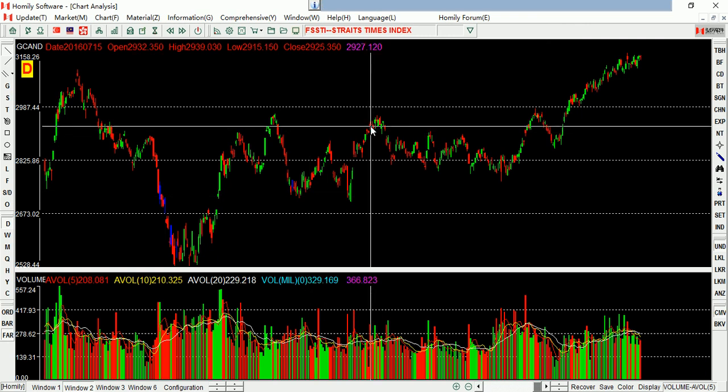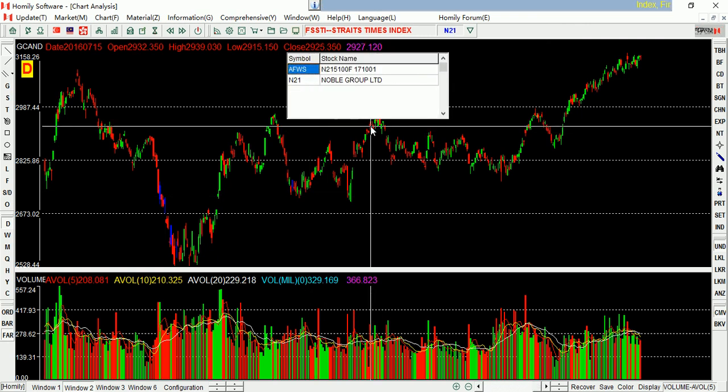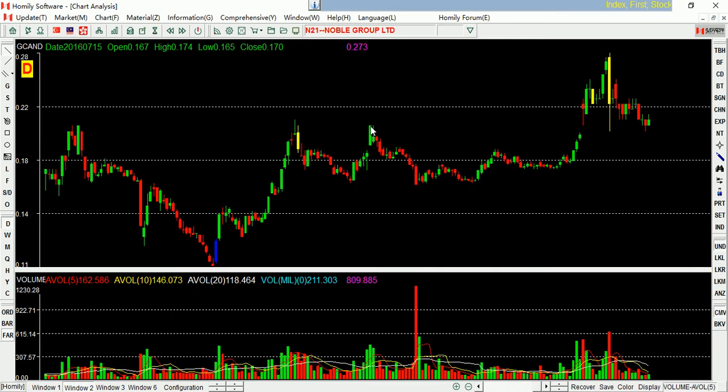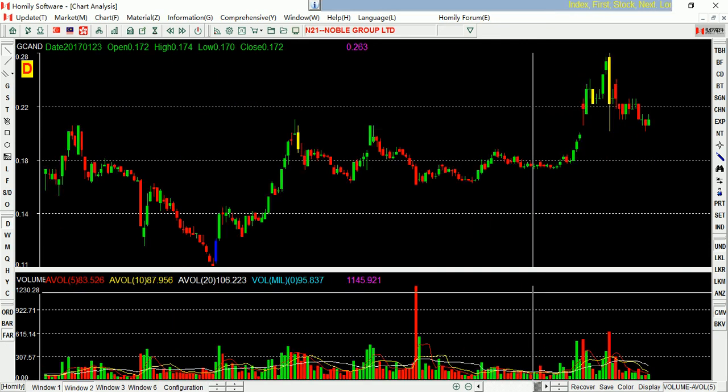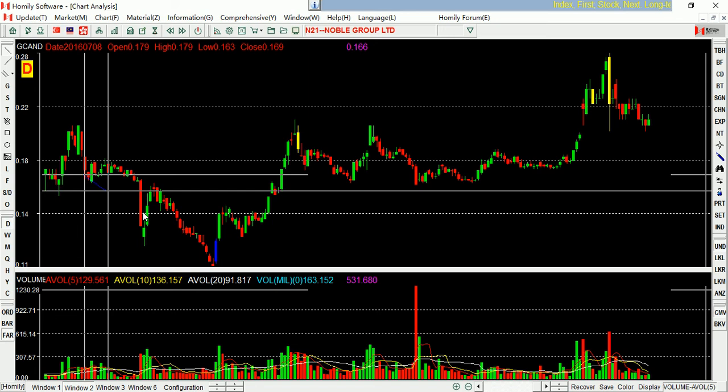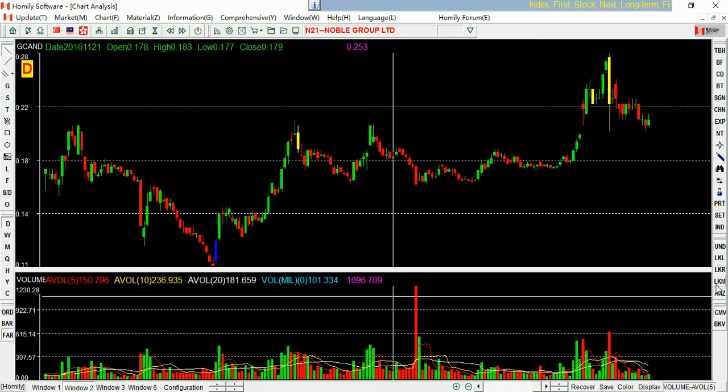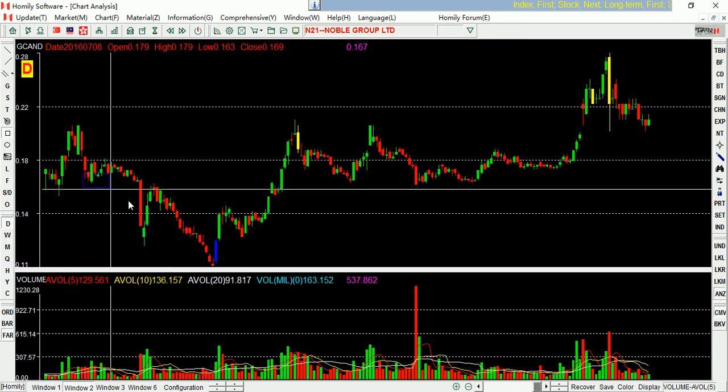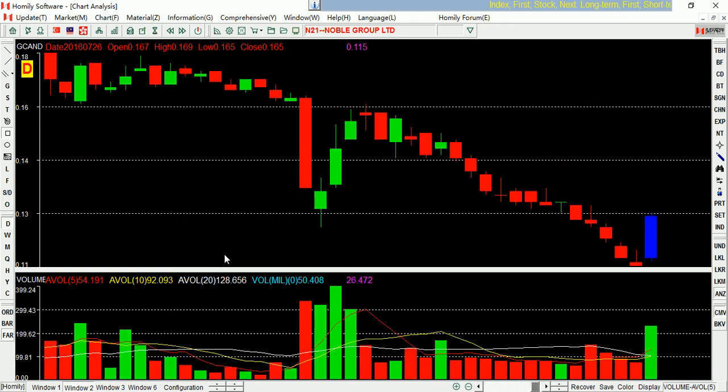Okay. So let's see some examples. So we can see here, like Noble. TaiChi signal, the blue candlestick appears on high volume. What's that meaning? Bullish. You should know this is the oversold. The price may rebound.